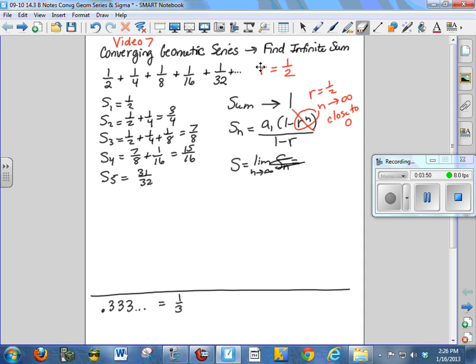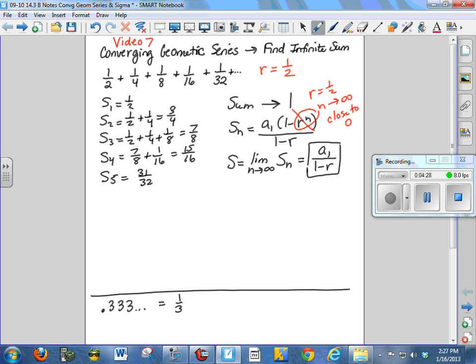In other words, as we get infinitely many terms, what does that sum approach? And that's equal to a sub 1 over 1 minus r. So here's our infinite sum. All that happens is the 1 minus r to the n just becomes 1, because r to the n gets closer and closer to 0 with a small value of r.